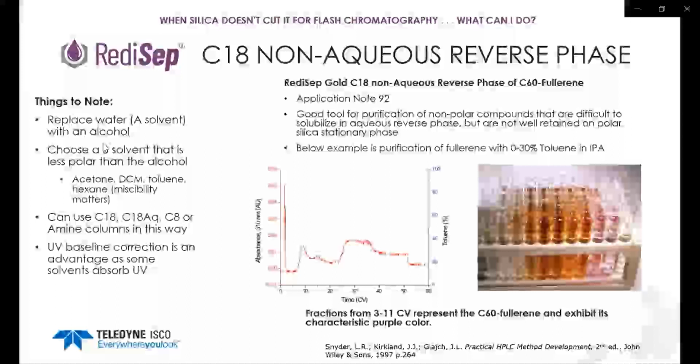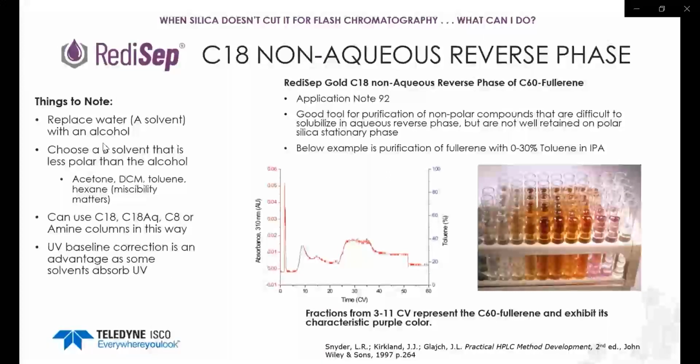Another way that we can use C18 columns and/or C18AQ or C8 or amine columns is in a non-aqueous reverse phase manner. Here's an example of a purification of C60 fullerene from other fullerene derivatives, found in application note 92.